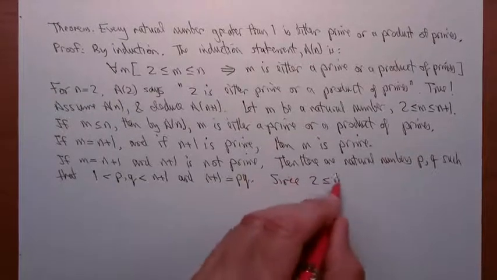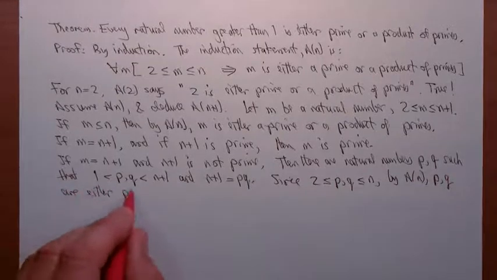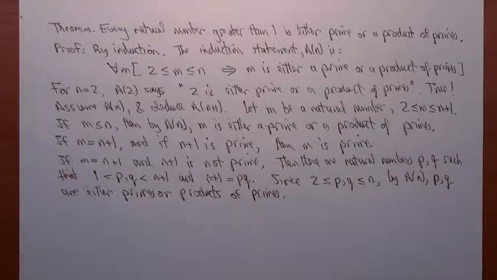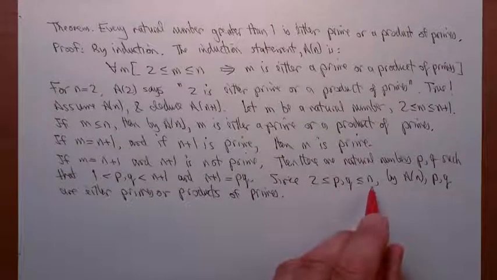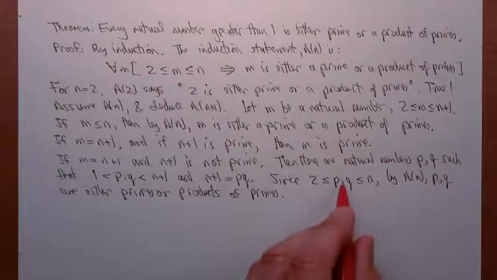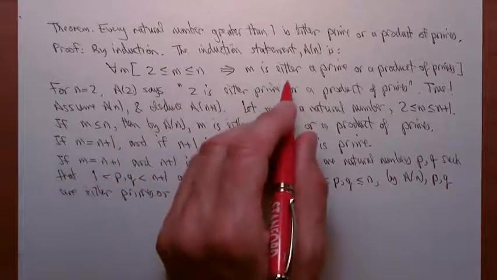Well, since 2 is less than or equal to p and q, which are less than or equal to n, by A(n), p and q are either primes or products of primes. These two numbers p and q are less than n+1, so they're less than or equal to n. That means these numbers are m's that fit into the induction hypothesis.